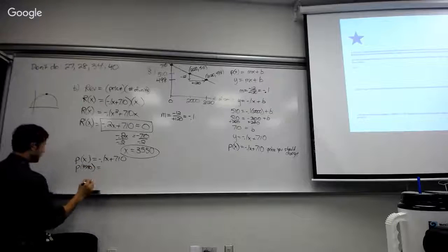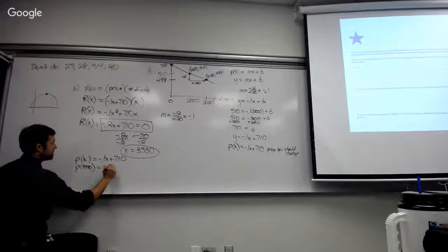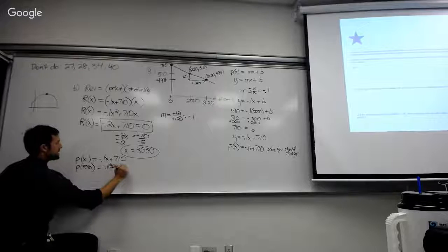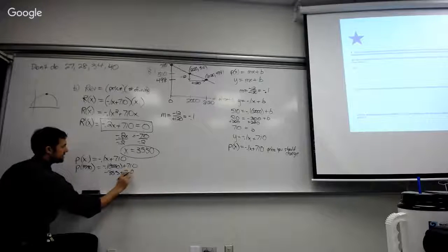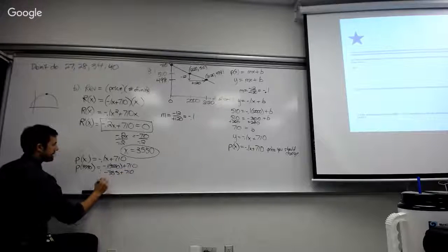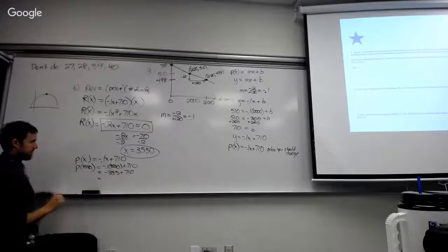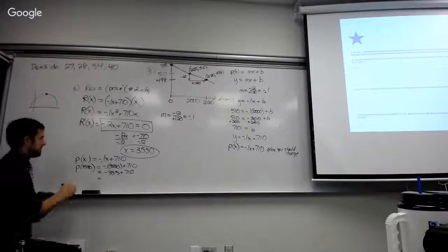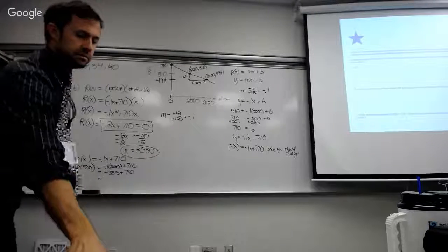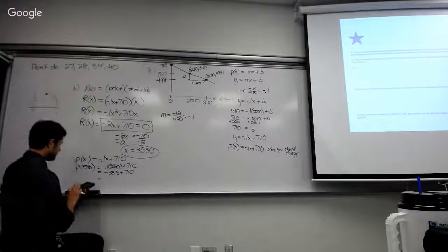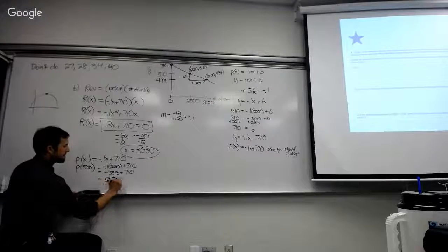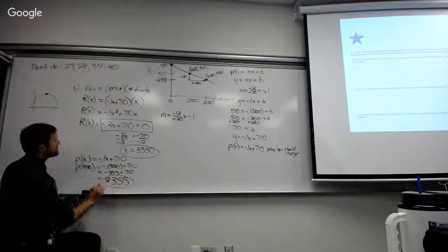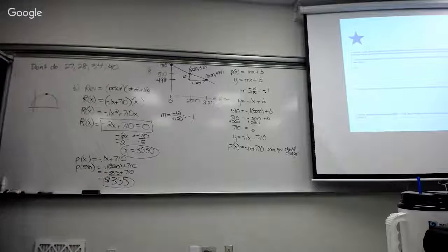And so therefore the price that we should charge is negative 0.1 times 3,550 plus 710, which is negative 355 plus 710, which is what? $355. That's how much we should be charging for a television set, is $355.